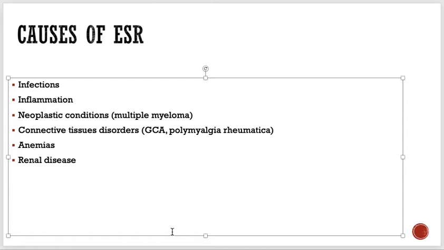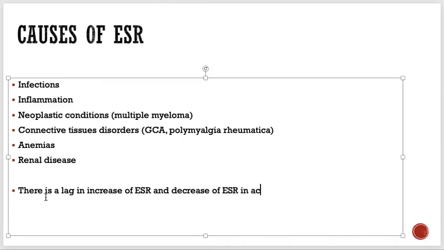But as the inflammation resolves, it comes back to normal slowly. So you can say there is some lag time. Okay, a very important thing: there is a lag in the increase and decrease of ESR after acute inflammation.